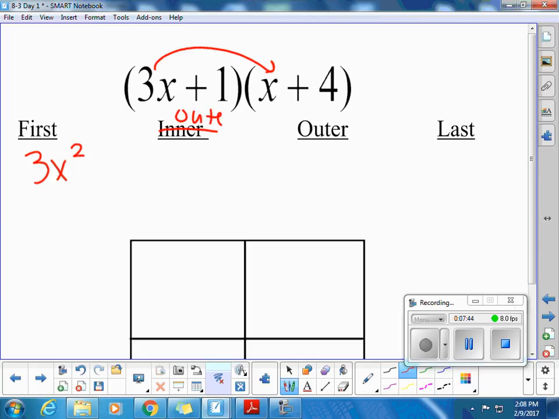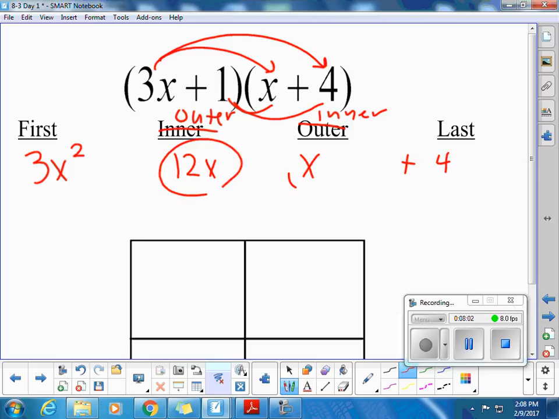Outer, inner, last. Sorry, FOIL. I couldn't spell today. 3x squared. Outer would be 3x times 4, which is 12x. Inner is another x, and then plus 4. So again, we combine the like terms, and we get 3x squared plus 13x plus 4.